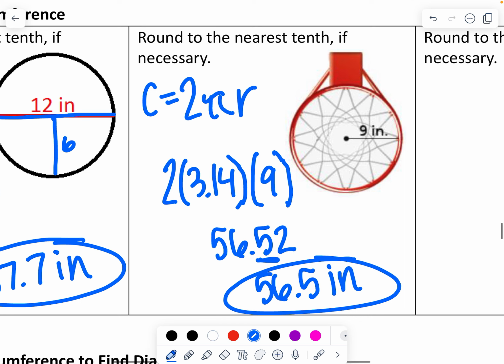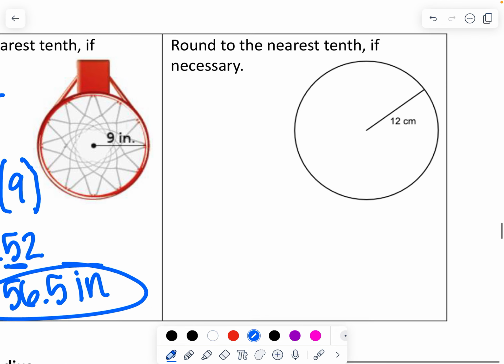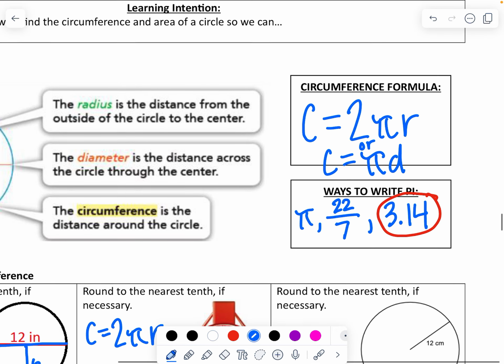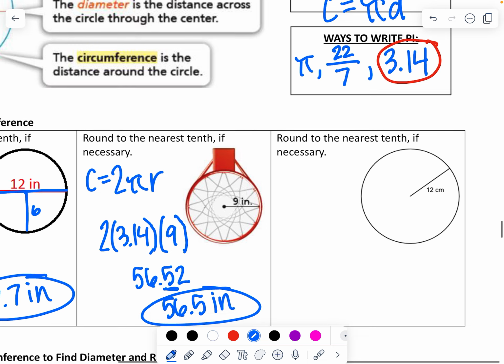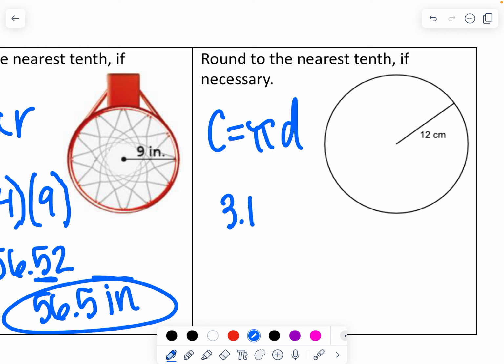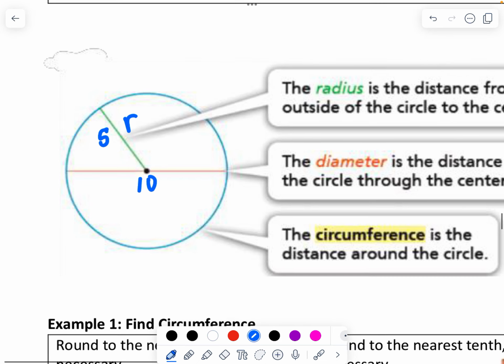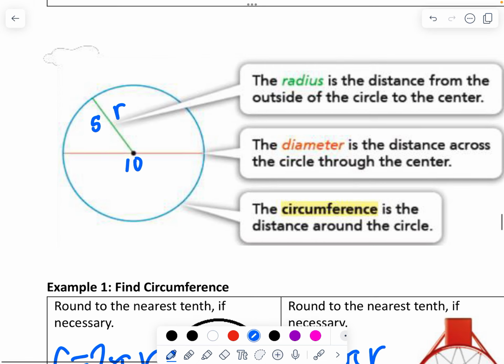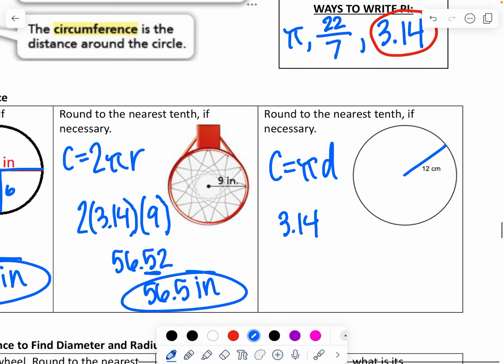So on this next one, we're doing the same thing. Let's use our second formula so you can see what it would look like for that one. So C equals pi times d. Well, I know pi is going to be 3.14. And then it gives me my radius. Okay, and if you're ever confused on that, look back up here. The radius is half of the diameter.